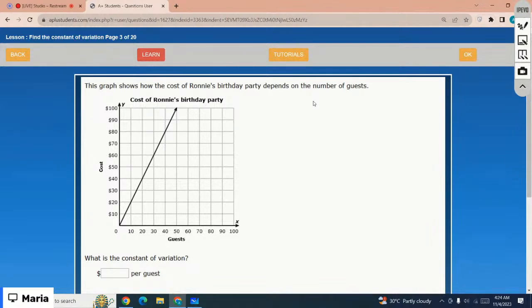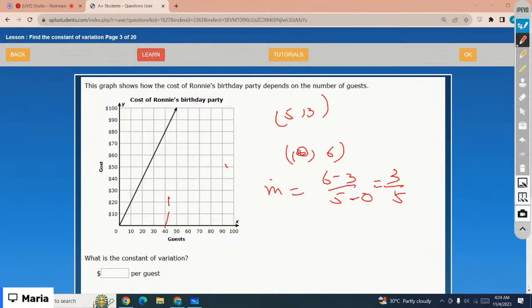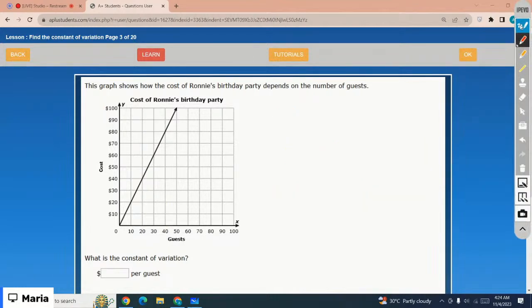Okay, this graph shows how the cost of Ronnie's birthday party depends on the number of guests. Let's just use any 2 points on the graph and calculate the slope. So here is the point and here is the point. For this one it is 20, 40. For this one you have 30, 60.